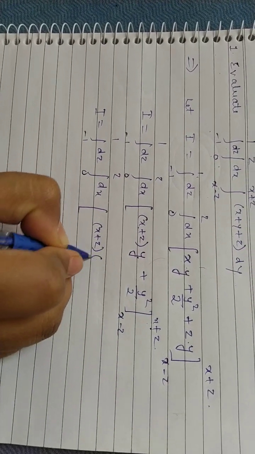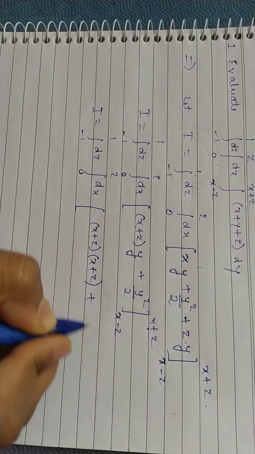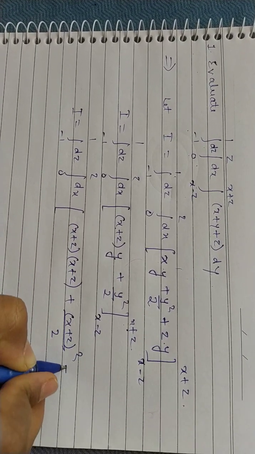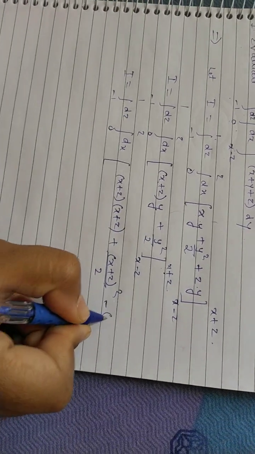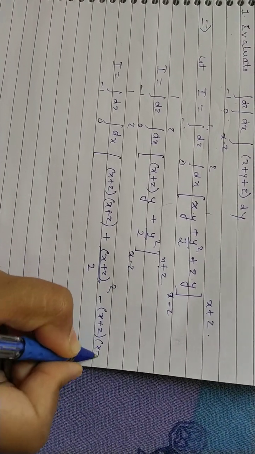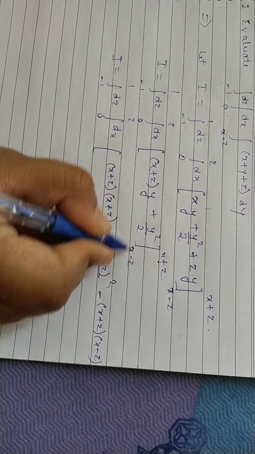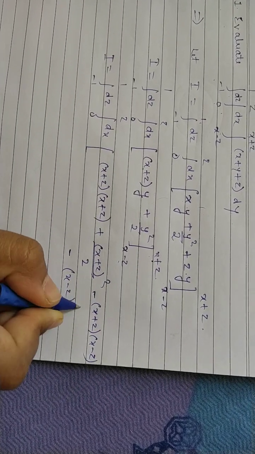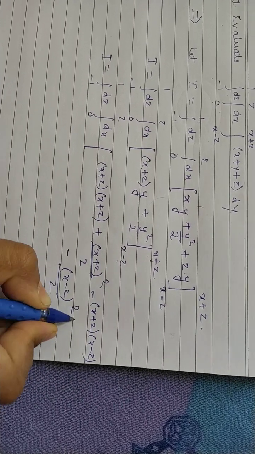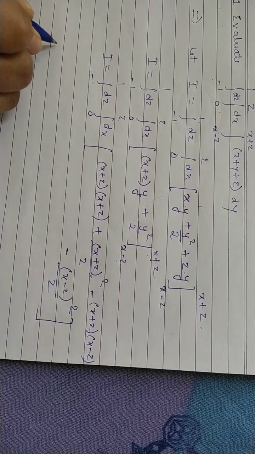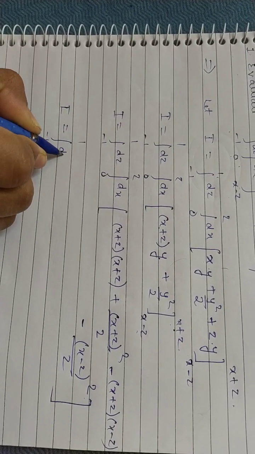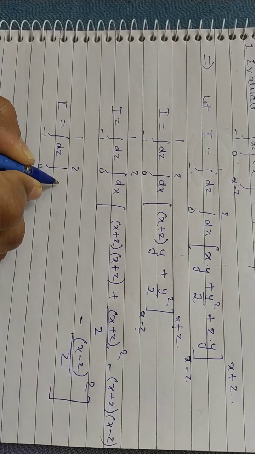So it becomes (x plus z) into (x plus z) plus (x plus z) square upon 2, minus, what is the lower limit: (x plus z) into (x minus z), y replaced by x minus z, and plus will become minus (x minus z) square upon 2. Okay, now simplify this: integral from -1 to 1 dz, 0 to z.